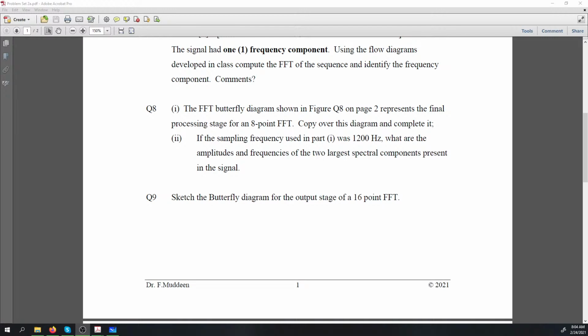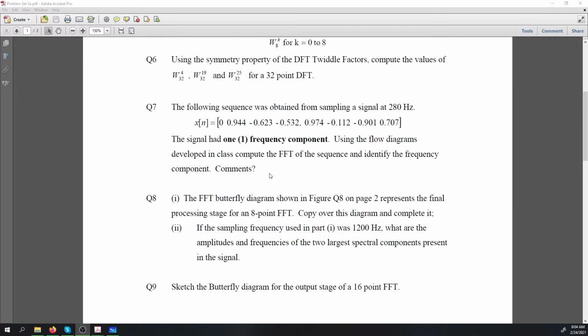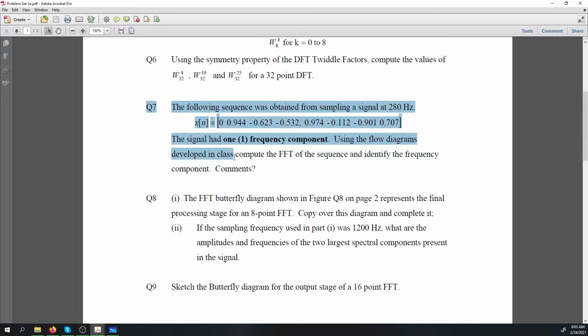So the last time, when I was doing problem set 2A, I was able to complete question 7, but I did go over time. That question was completed, showing how to do the FFT fit and identify the frequency components.